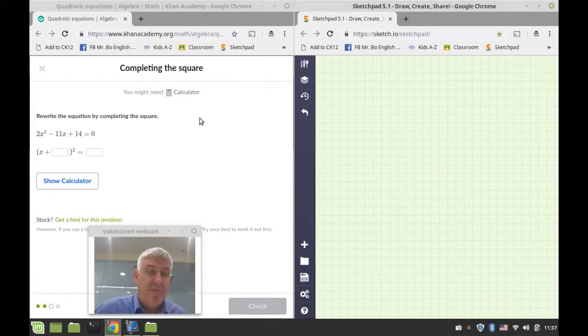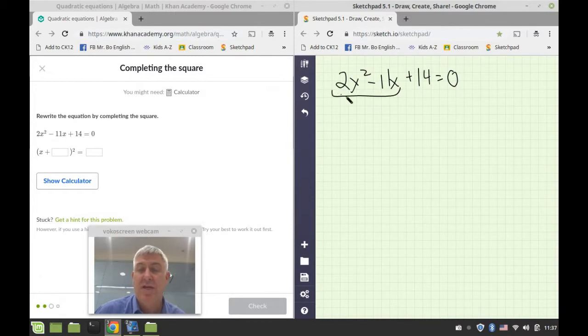Rewrite the equation by completing the square. So my equation is 2x squared minus 11x plus 14 equals 0. I'm going to take this part right here, separate it off, and pull out the 2, factor out the 2.